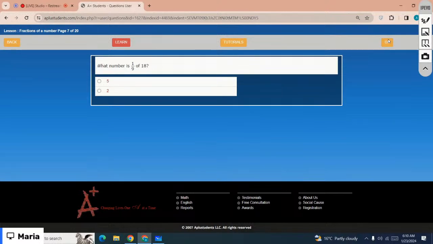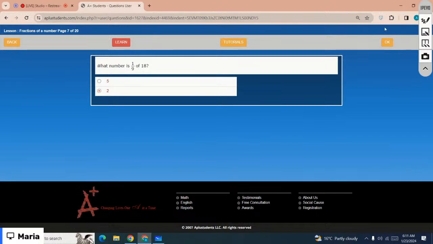What number is 1/9 of 18, which is the correct option? Yes, that is 2. 1/9 of 18 is 2.